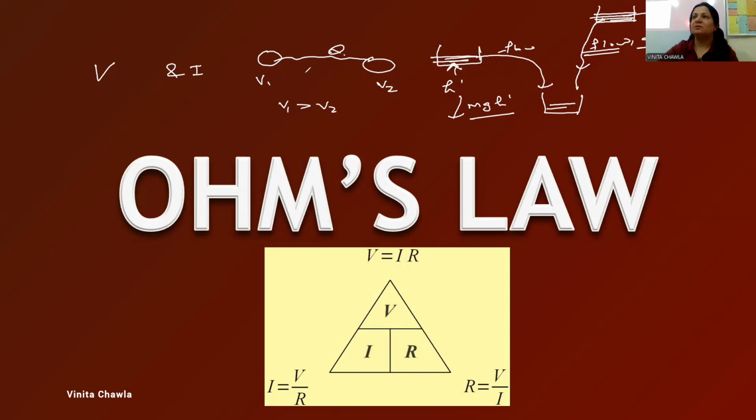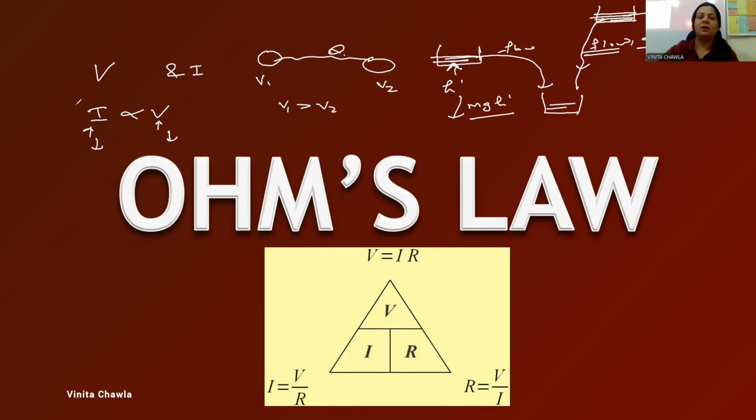But if the difference in the potential of the two conductors is not very large, then the current is smaller. So we see current depends on potential difference. If we increase the potential difference, then current increases, and if we decrease the potential difference, then current decreases.